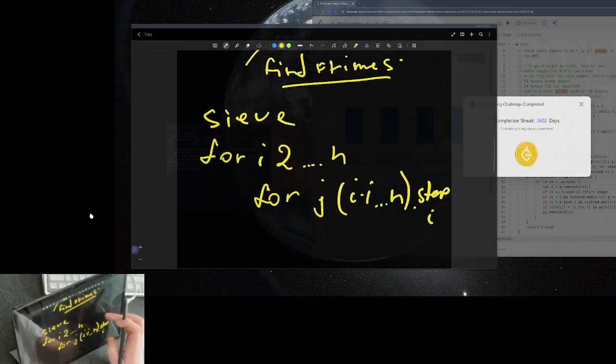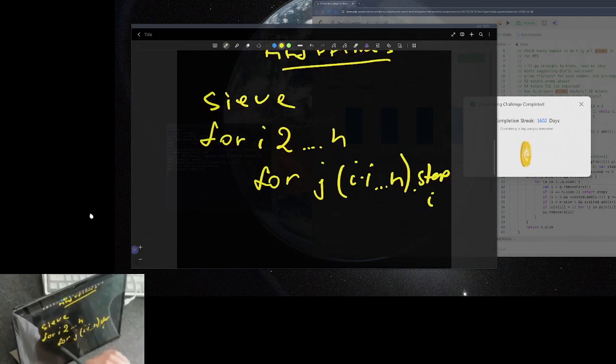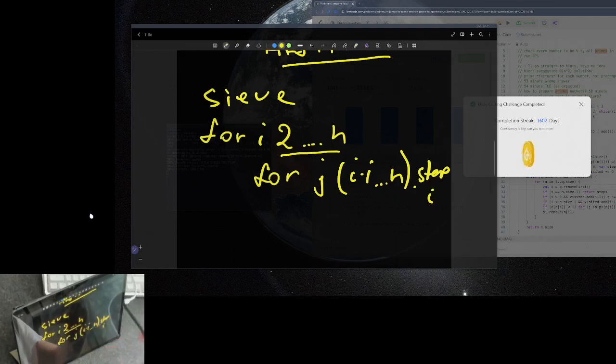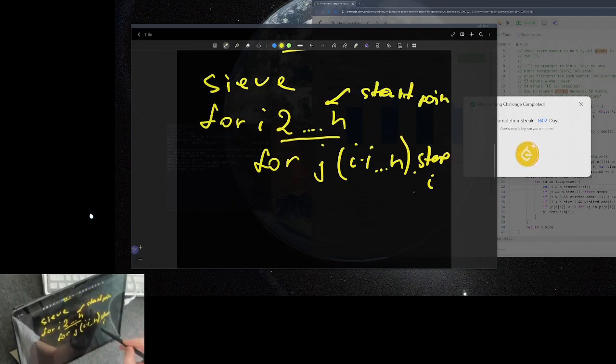So we're taking all these numbers from this range, and we say this is a starting point, and then we do this step plus i.